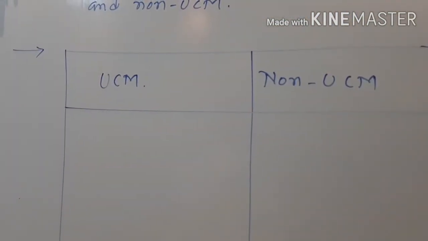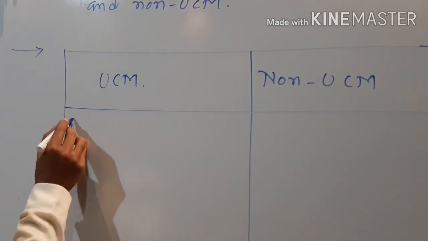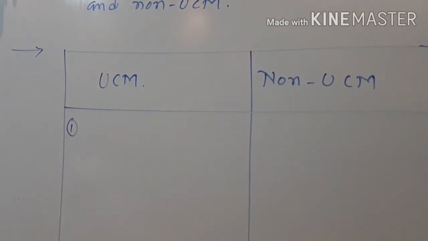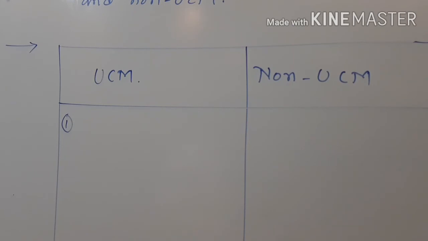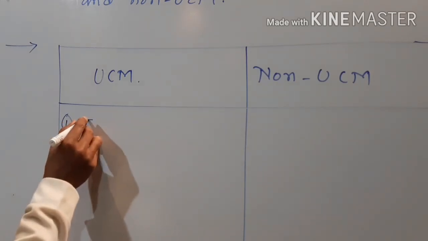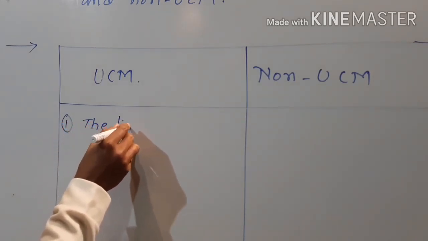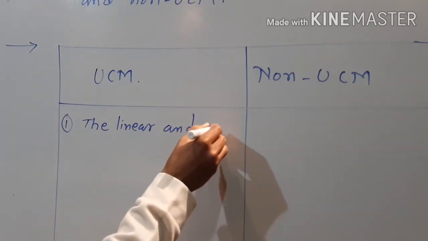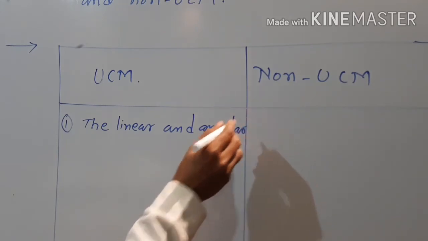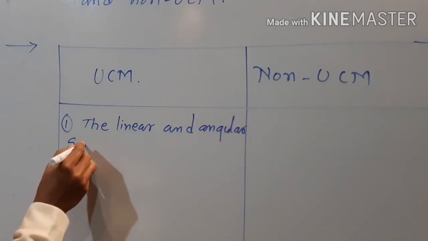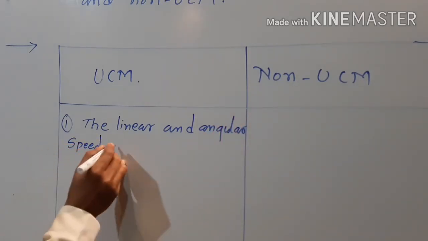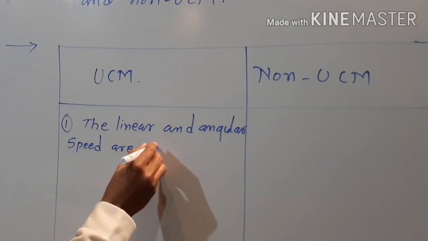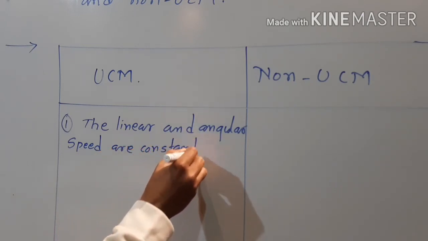Let us see the first point. In UCM, we know that the linear and angular speeds are constant.